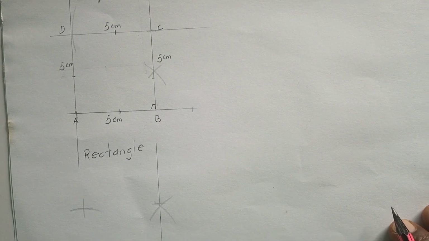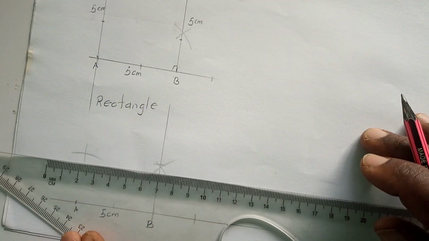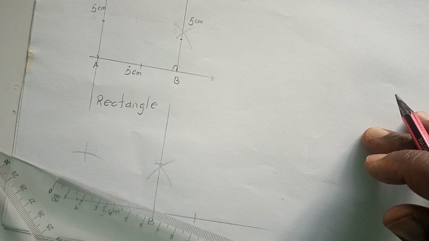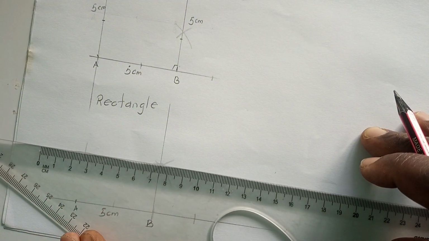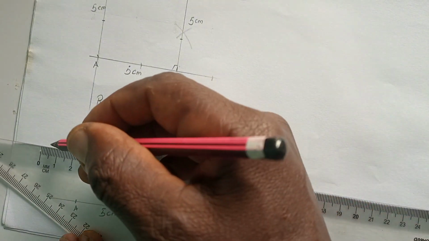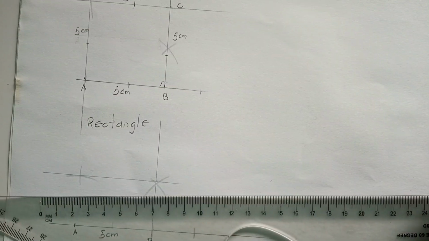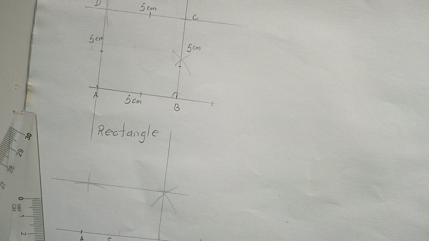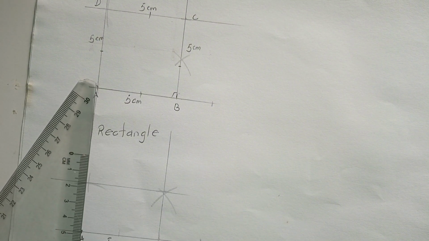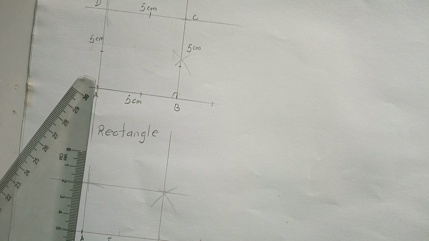And then with the help of our ruler, draw a straight line on the 2 arcs. Draw a straight line like that, and then at this other point here, we also draw a straight line like that.